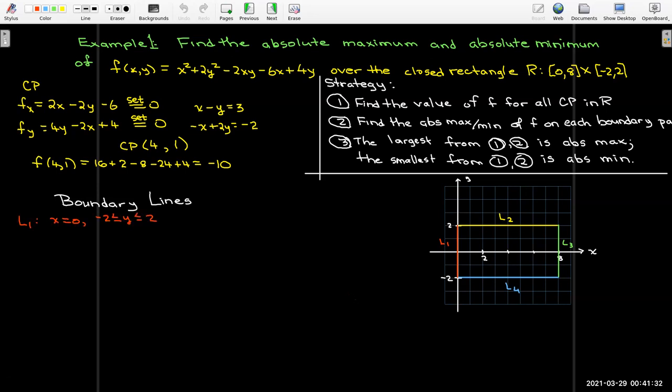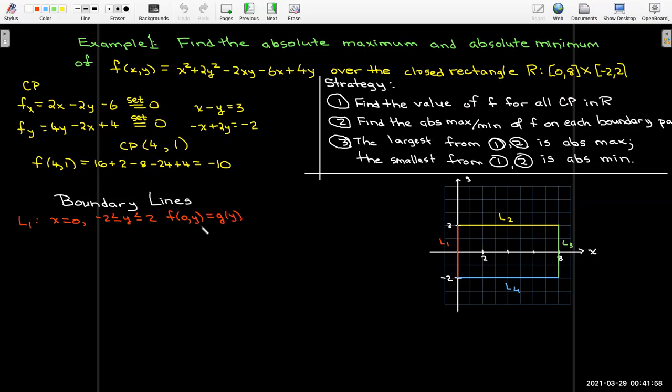Well, line 1 is the line x equals 0, but only for the interval where y goes from -2 to +2. So if I replace x with 0 in my function here, all of the terms with an x are going to drop out, and I'll be left with a function of y only.